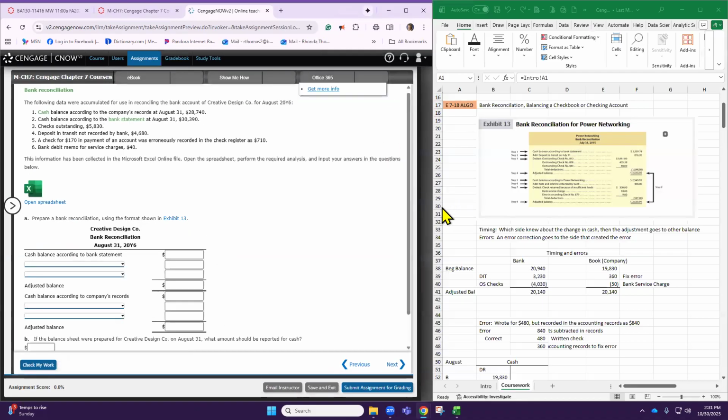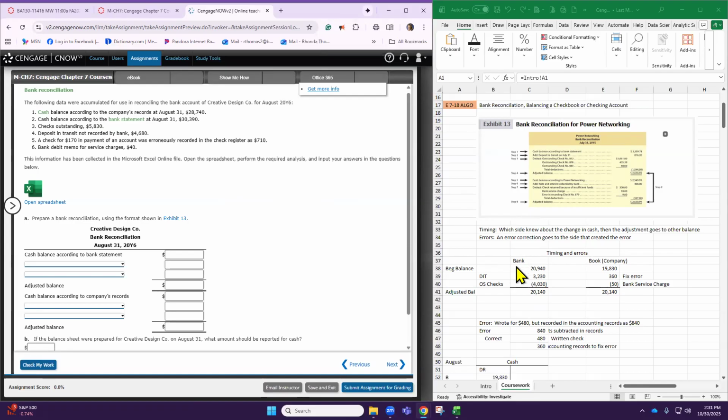All right. So the first thing you want to do is go find the cash balances, and they're nice. They're right here. It says cash balance according to the company's records on August 31st. So the book is what I call the company records. And then there's the bank. I always put the bank on the left side and I put the book on the right.